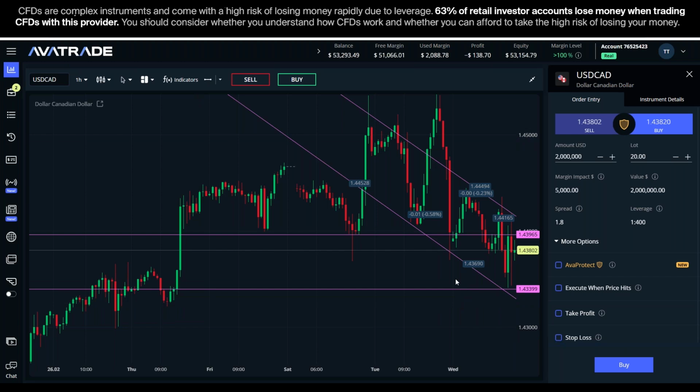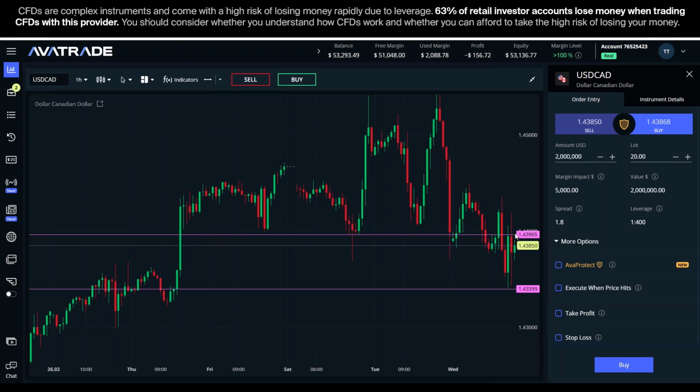So if I get rid of this downtrend channel, what we're looking at is a resistance level here that's holding. After this downtrend, we have an upward movement, USD gaining back against the Canadian, but not able to break back above this resistance level, which was the old support that we're below.